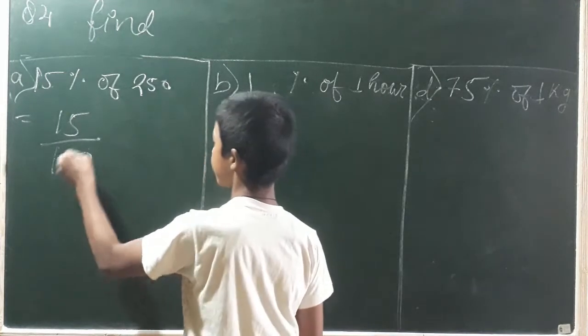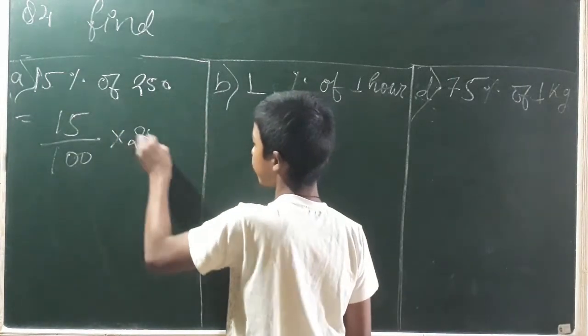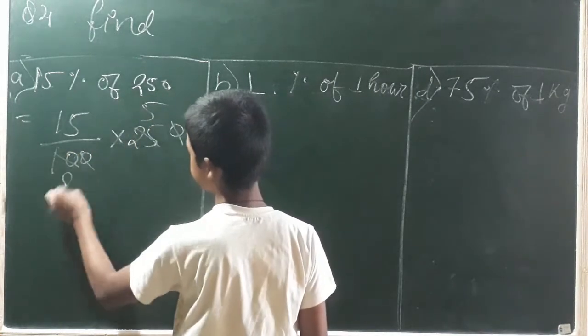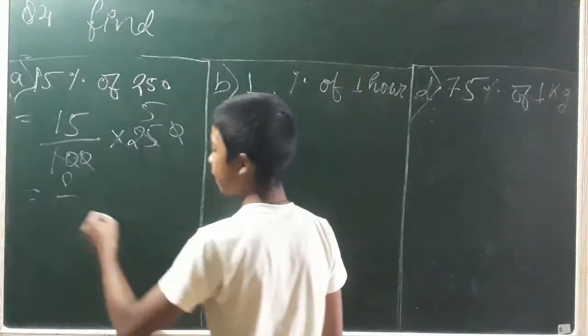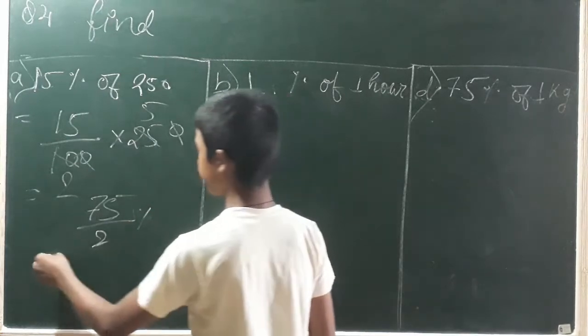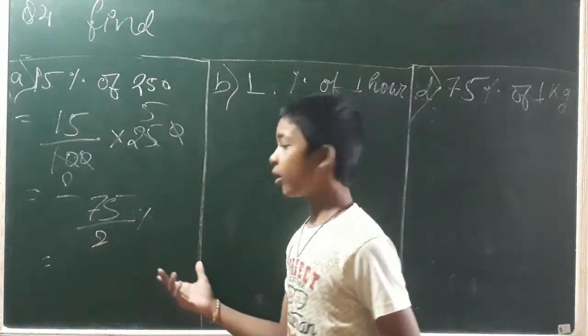Percent means upon 100, and of means multiplication. 15 upon 100 of 250. The 0 cancels, 5 fives are 25, 5 twos are 10, and then 15 times 5 is 75 upon 2%. This is our answer, or you can write it in whole form or decimal form.